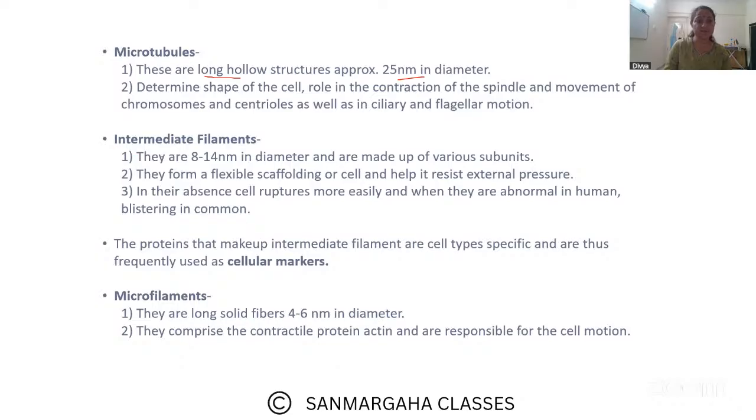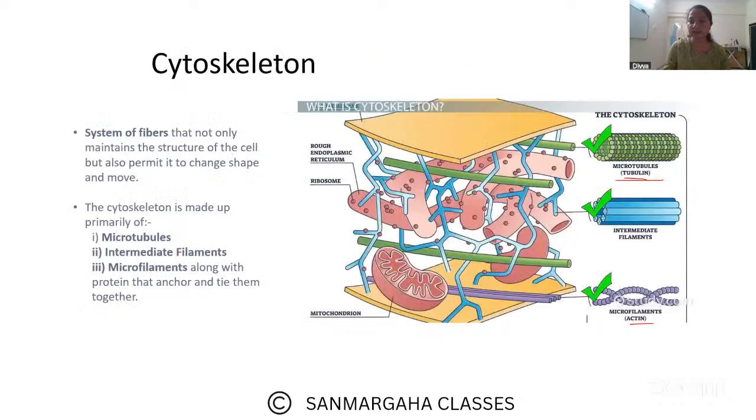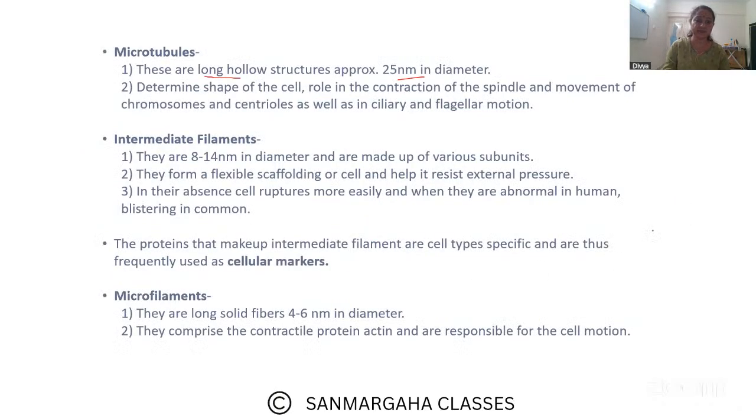Intermediate filaments, see here these blue colored structures, hold the organelles intact in place. They are 8 to 14 nanometers in diameter. These intermediate filaments are cellular markers because they are different in each cell type.